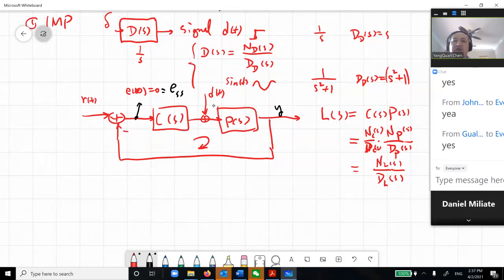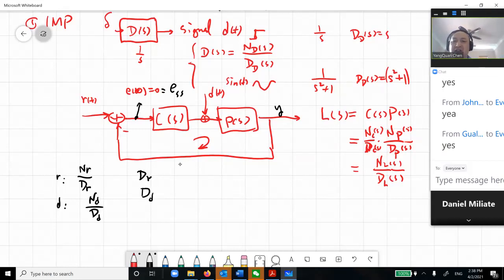But remember, I have two signals. One is R, so I have a numerator R, denominator R. I also have a D. For the R is like this, for D is like this. And for D, usually I can say, oh, D is 0, so only consider reference. But it doesn't matter. We just write it in general. You can write ND divided by DD. So you can see DR, you have a DD.